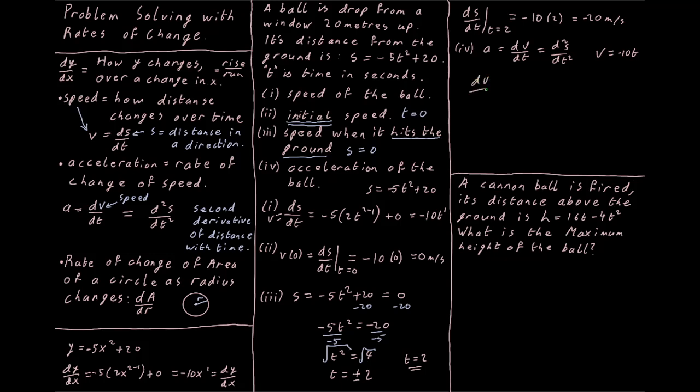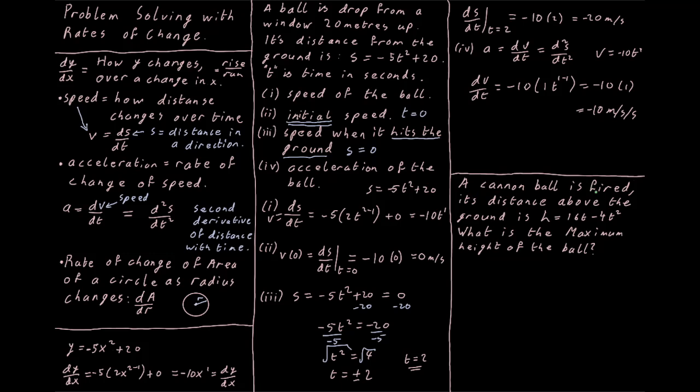So dv/dt is minus 10 on, open up a bracket, this is 10 to the power of 1. So 10 to the 1, 1 minus 1, so I end up with minus 10 on 1, t to the 0, like anything to the 0, is just 1. So I'm left with minus 10 meters per second squared. So that's how we can get the acceleration, just the derivative of the velocity or the speed.